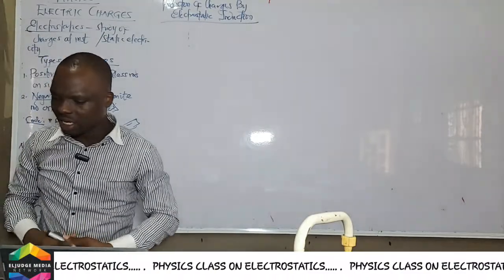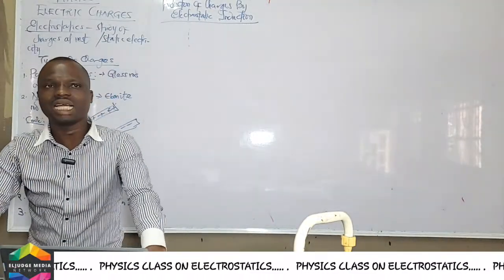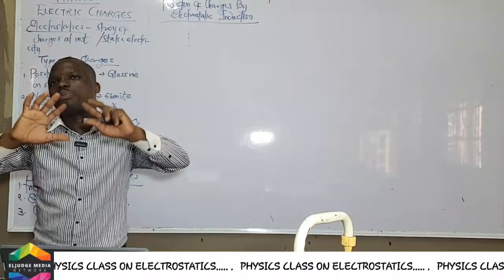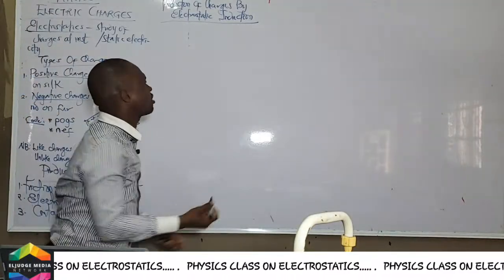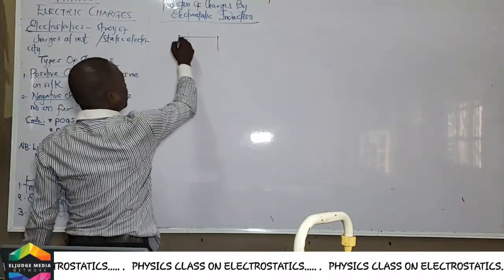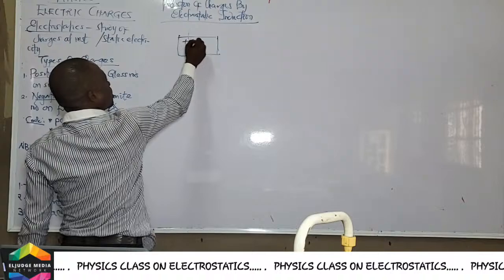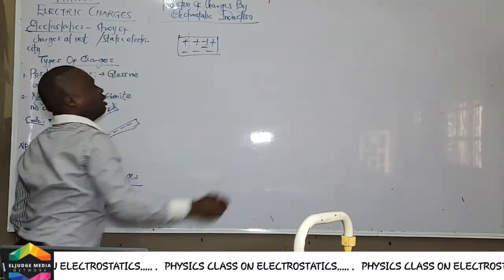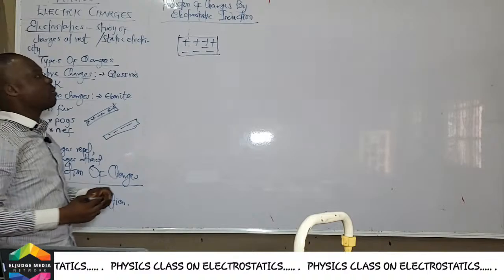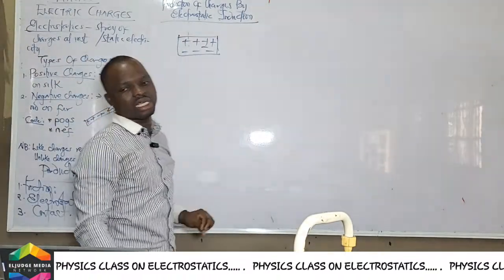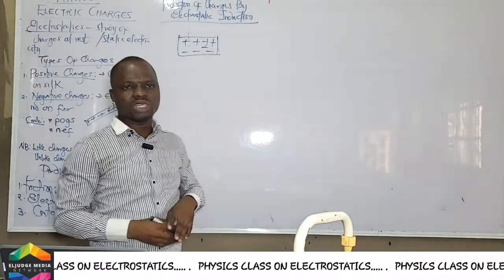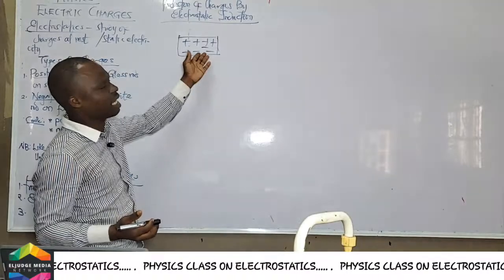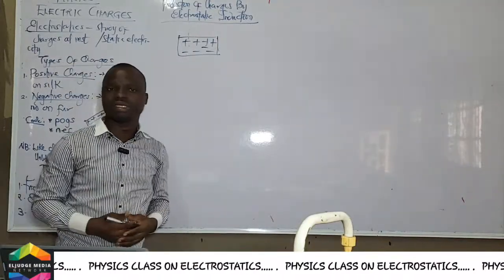So I have said that electrostatic induction is the act of charging a neutral body. You have a body that has no charge. When you talk about a neutral body, it has equal positive and equal negative charges. If the body has more positive than negative, then it's a positively charged body. If it has more negative charges than positive, it is a negatively charged body.